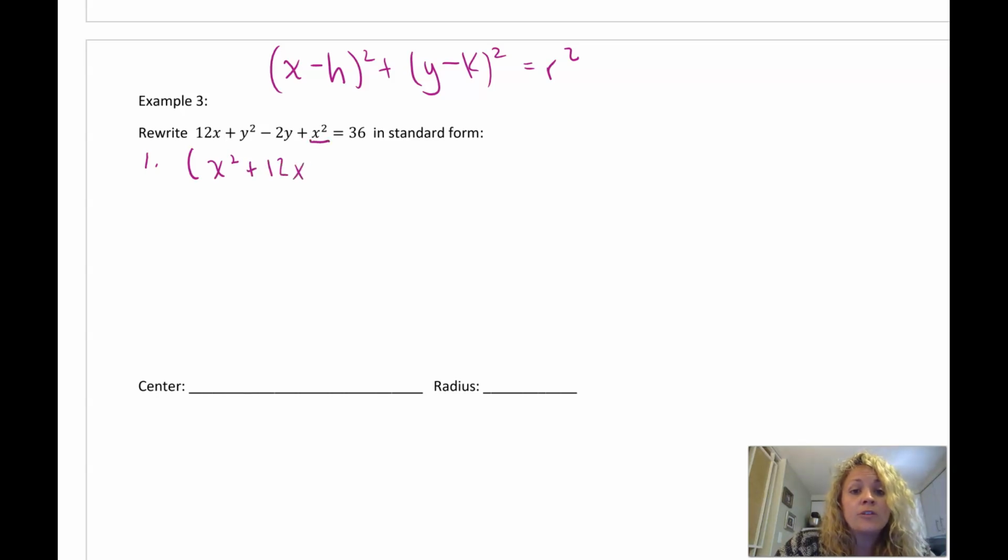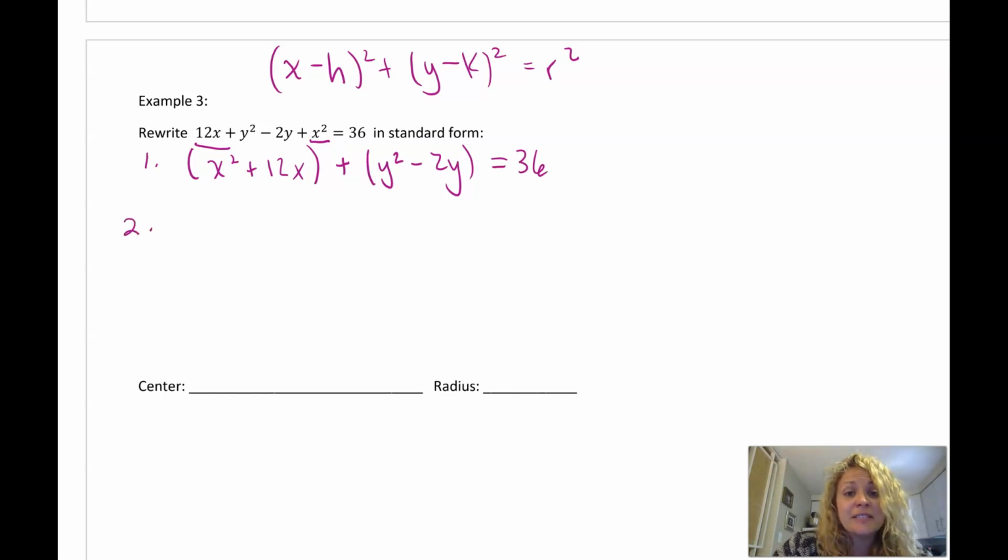So I've got my quadratic x term and my linear x term together, close parentheses. And then now I'm going to start with my quadratic y term, so y squared minus 2y, my linear term, keep that together, and then all of that equals 36. All right, so that's the regroup step.